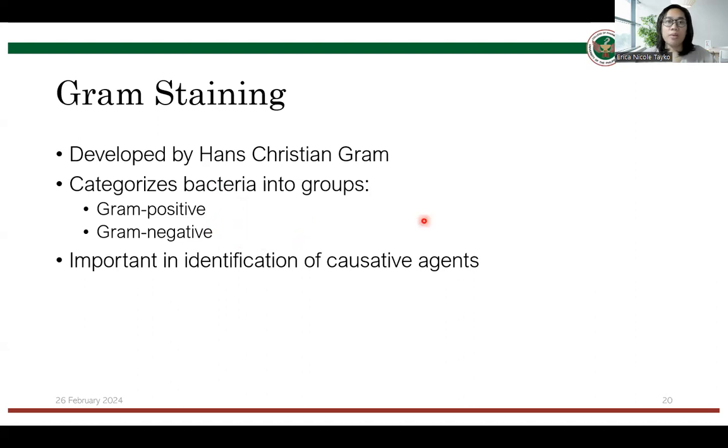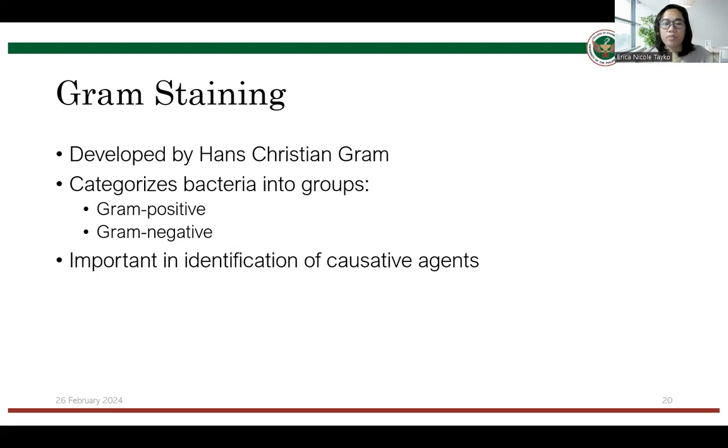But when we get to the third generation, they would be more effective against your gram-negative bacteria. So when you figure out the group of the causative agent of a patient's infection, you would be able to identify the most optimum treatment for that infection, so that the patient will recover more quickly.